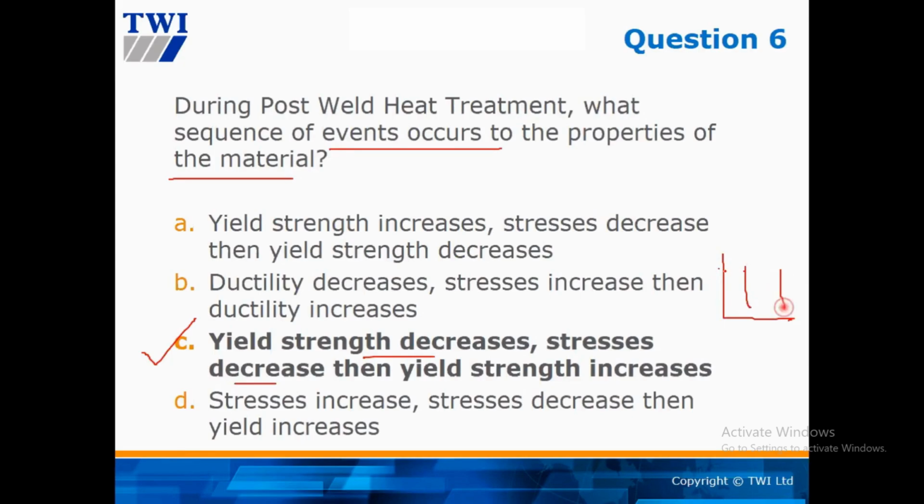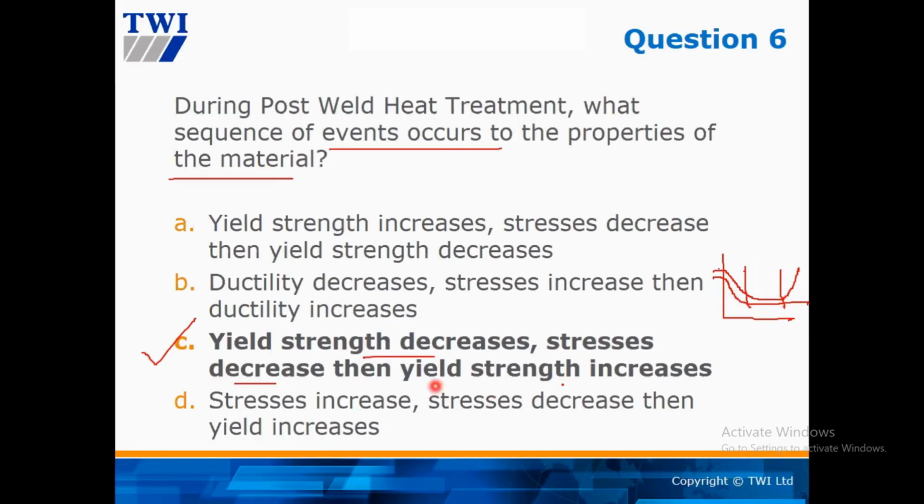So both are lower, they go down, and then one goes up while the other goes down and stays like that. So here yield strength and stress are lower, then during cooling yield strength increases.